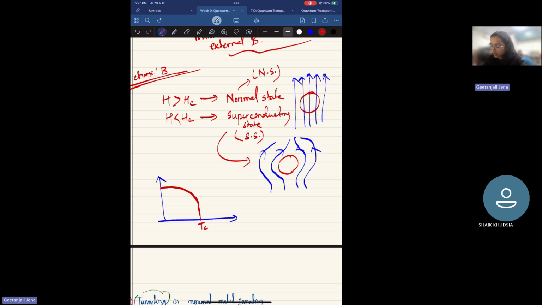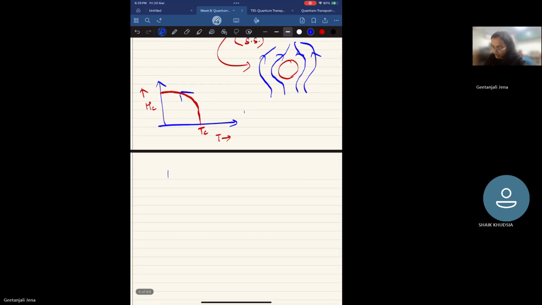But if you decrease the temperature, then the critical magnetic field, let's say this is Hc, will increase. If you decrease the temperature, the critical magnetic field will increase. And the relation is Hc at temperature, let's say you want to calculate at an arbitrary temperature T.